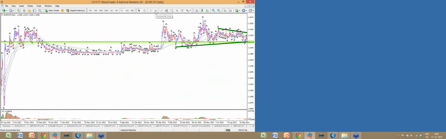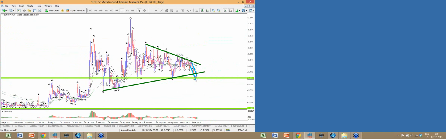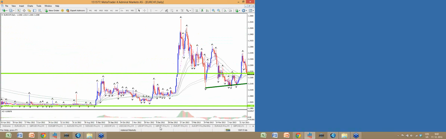Even bigger level, it would be, of course, right here, 120. Anywhere down there, most likely support.